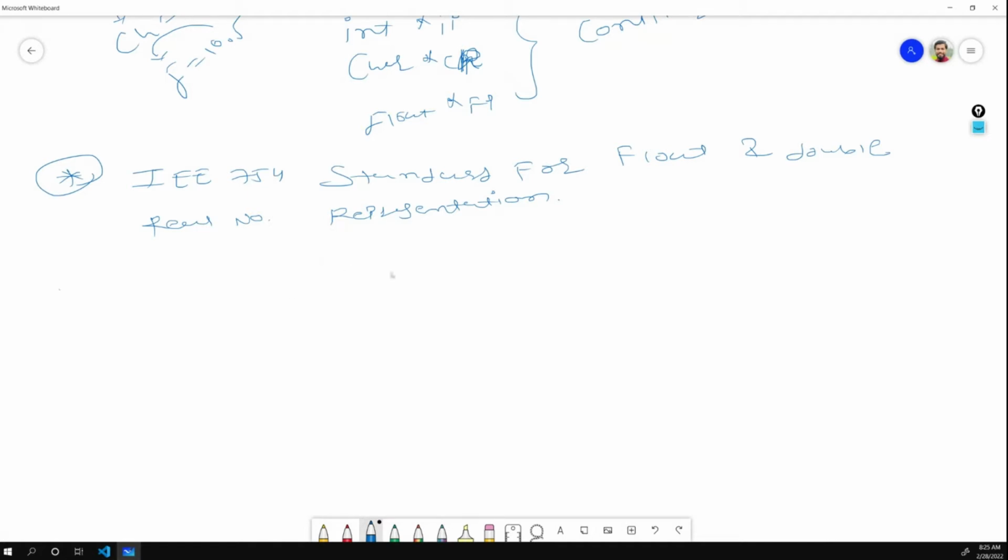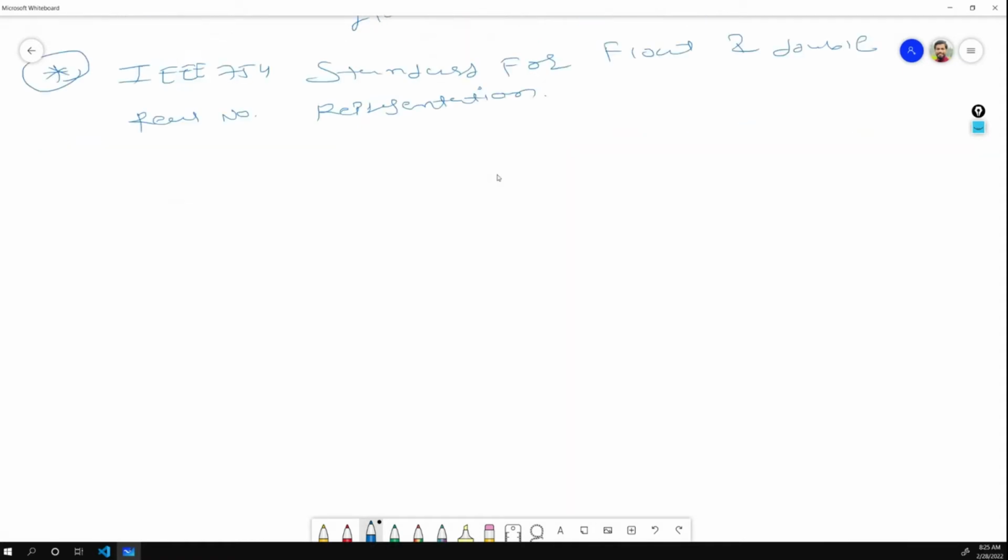If it is unsigned, it is a positive number. If it is signed, it can be both negative and positive. In the case of real numbers, it follows the IEEE 754 standard.